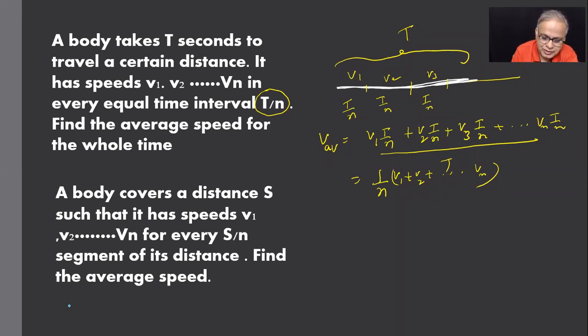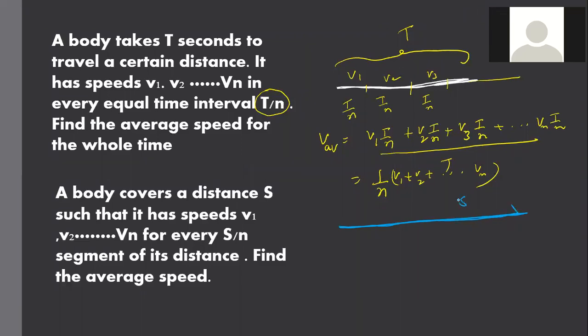Tell me. So time is equal to distance by speed. No, average speed we wanted, right? So a body covers a distance s in total. Sir, is the answer n by v1 plus v2 up till vn? Let us see.